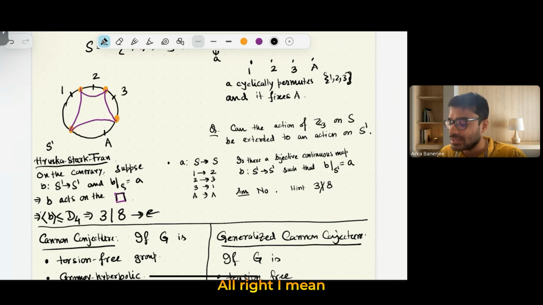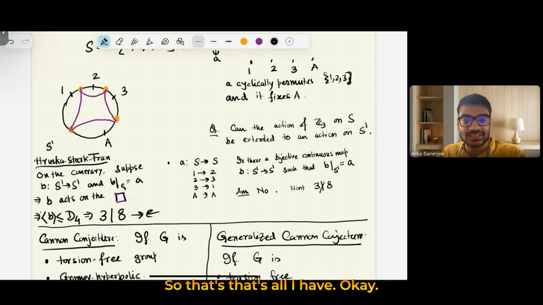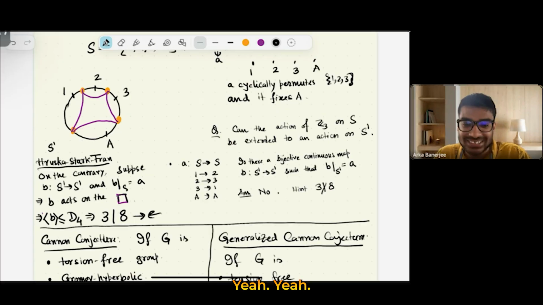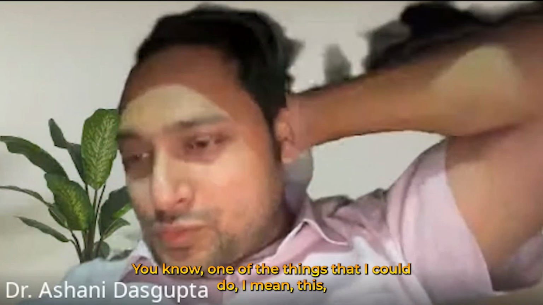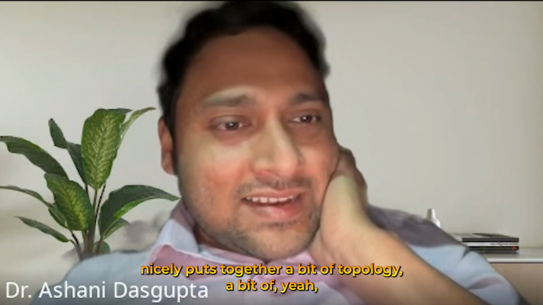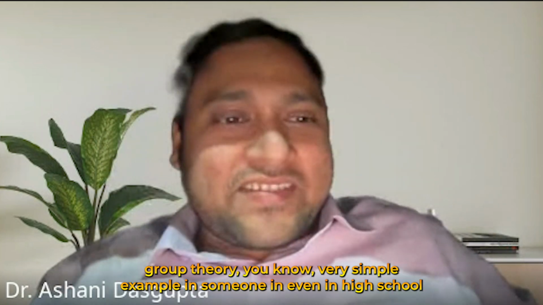All right. Okay, so that's all I have. I think this is a really slick way of thinking about it. One of the things is that this particular trick nicely puts together a bit of topology and a bit of group theory in a very simple example.